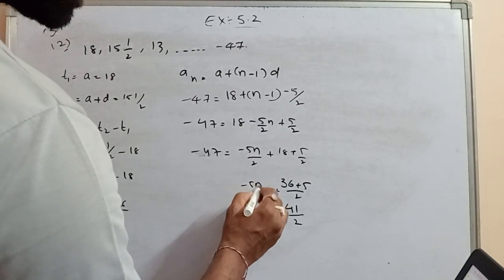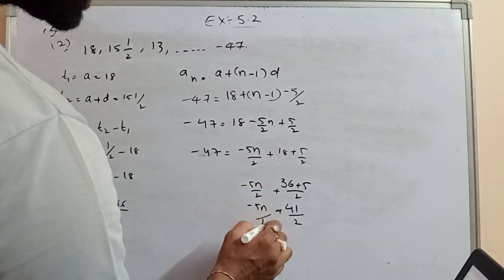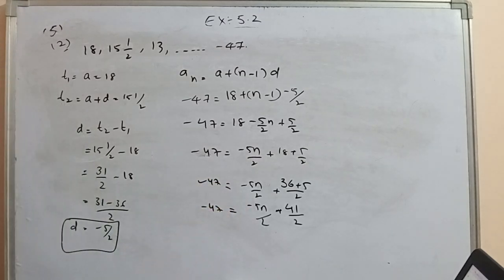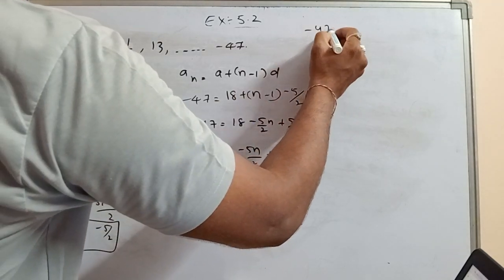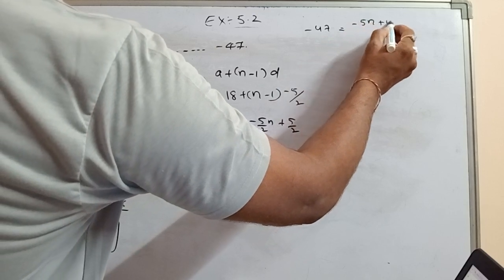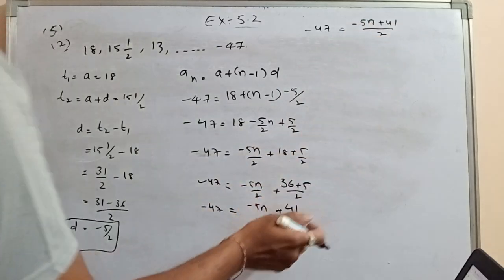So minus 5n by 2 as it is, minus 47. So here it becomes minus 47 is equal to minus 5n plus 41 by 2, right?